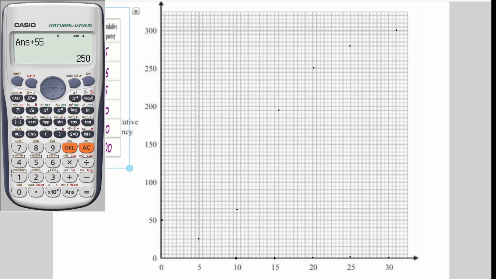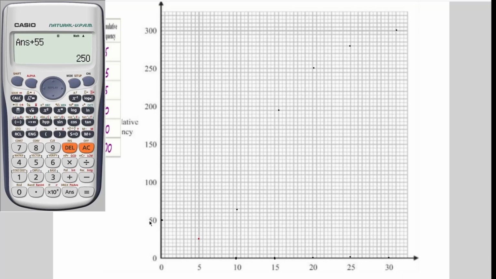When drawing it, the first data is 5. Always take the upper bound, 5 and 25. You need the cumulative frequency, not the frequency. So first data is 5, 25. Come to 5 and go to 25.